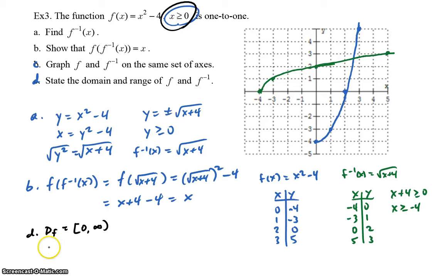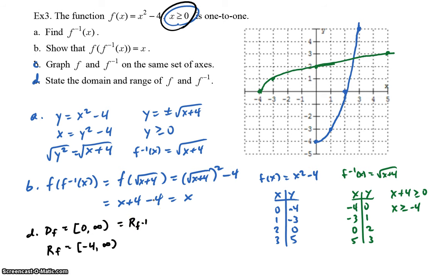The range of f, from the graph we can see that the smallest y value is -4, and then the y's go up to positive infinity when we look at the half parabola. So the range would be -4 to infinity.